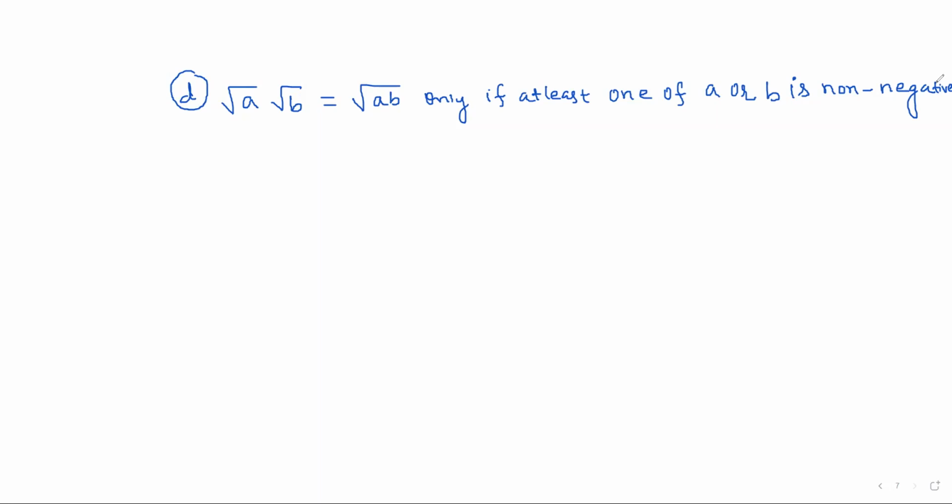Non-negative means positive plus zero. So one of A or B is positive, or you can say one of them may also be negative.